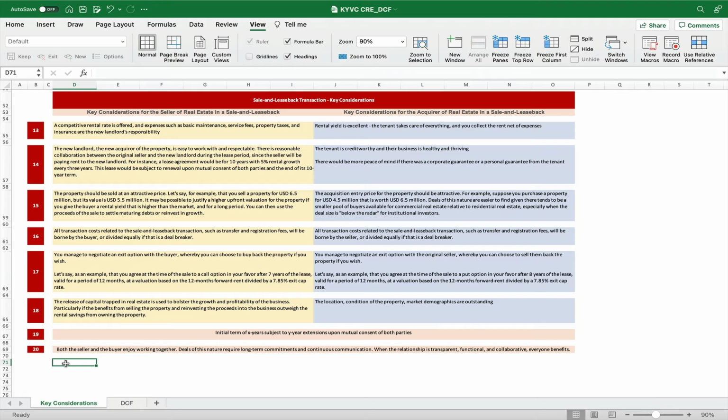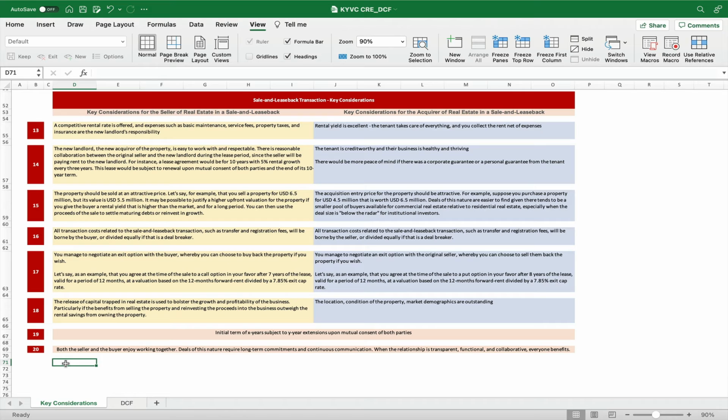If you are the acquirer, if you are the investor, obviously it's the other way around. You want to be able to get a good deal. You want to pay 4.5 million for an asset that's worth 6.5 million. The key insight here is that commercial real estate deals are not on the radar of too many investors, especially if the transaction size is not very big, because big deals are obviously on the radars of big institutional investors.